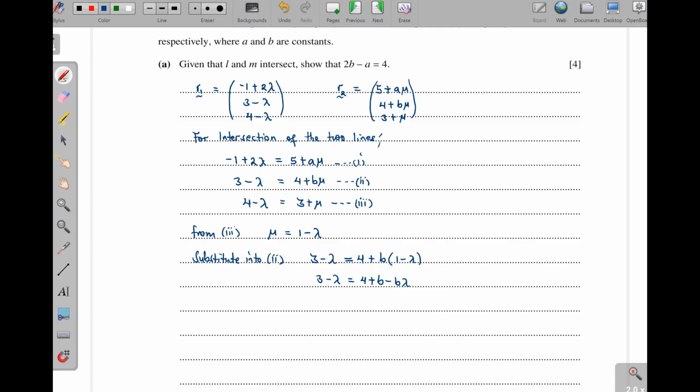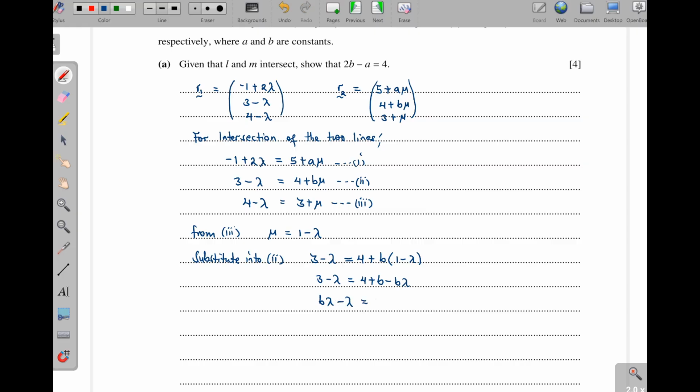Then I can bring this on this side. In fact, I'm going to make lambda the subject of the formula because we are looking for b and a. Okay, so let's make lambda the subject of the formula. Bring this on this side. We shall have b lambda, because it is a negative, it becomes a positive. Then minus the lambda here.